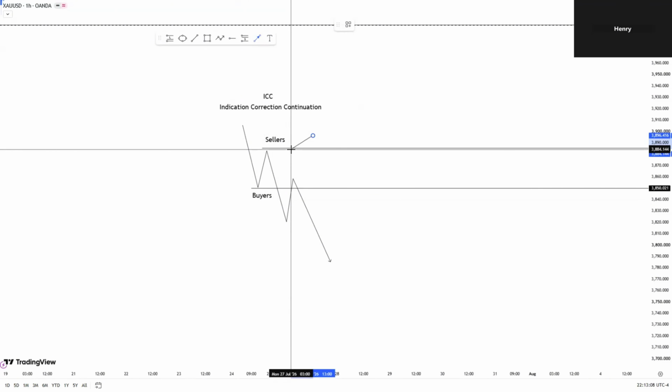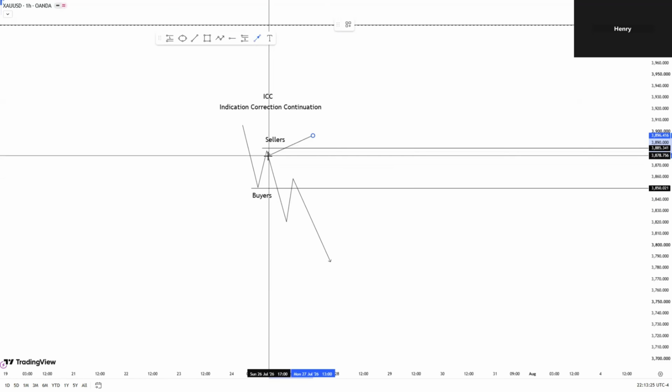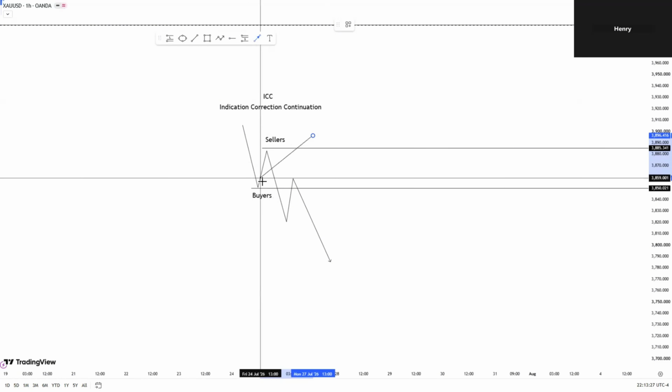We look in the market if price is creating lower lows and lower highs, or higher highs and higher lows. If price is creating lower lows and lower highs, it means price is bearish. If price is creating higher highs and higher lows, it means price is bullish. All right? Keep it simple. So in this sense, we're in a bearish market.